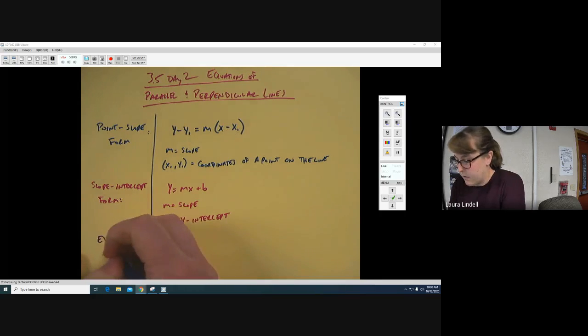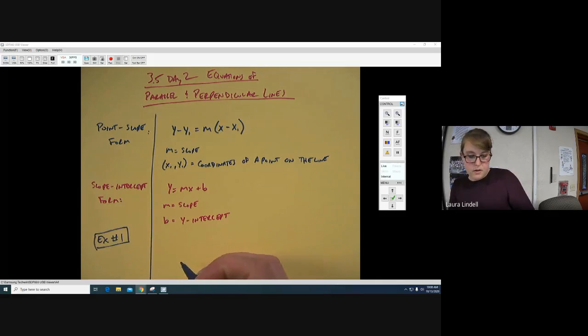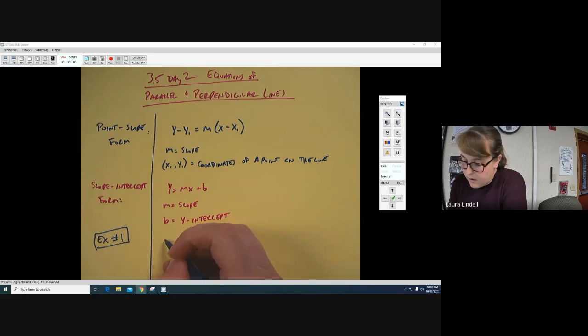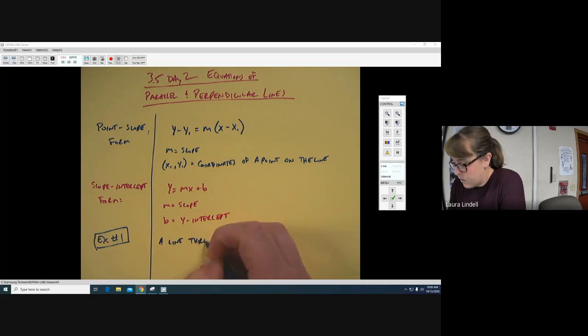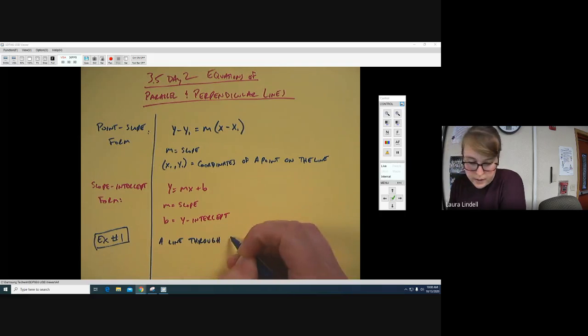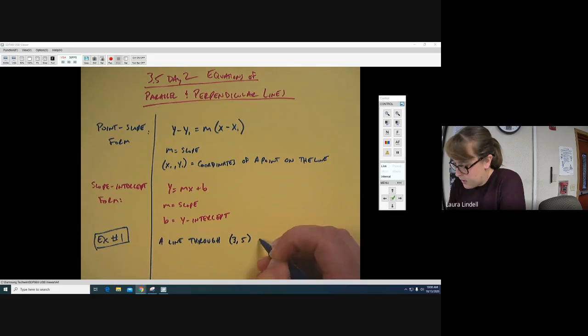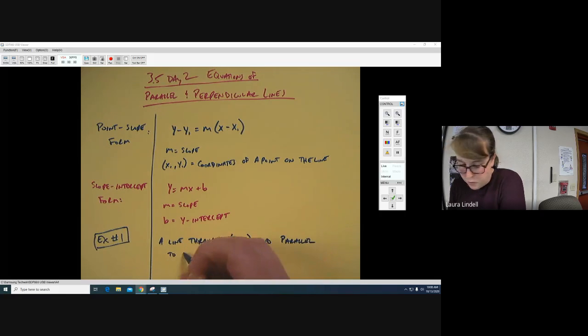First example. This one, we want a line through the point 3, 5 and parallel to y equals 2x minus 12.